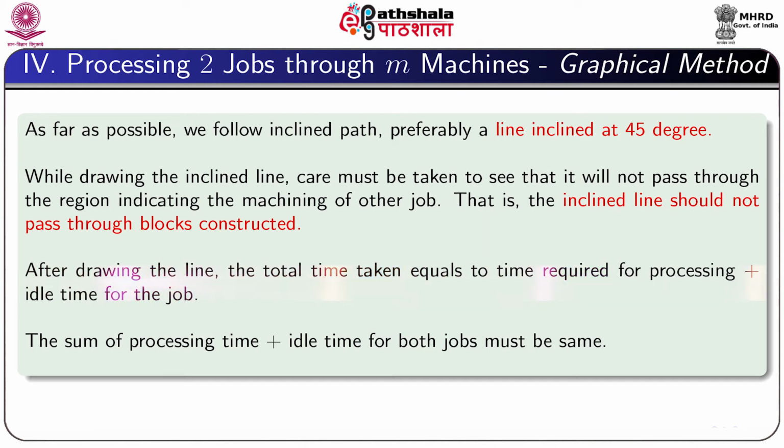After drawing the line, the total time taken equals the time required for processing plus idle time for the job, and the sum of processing time plus idle time for both the jobs must be the same.